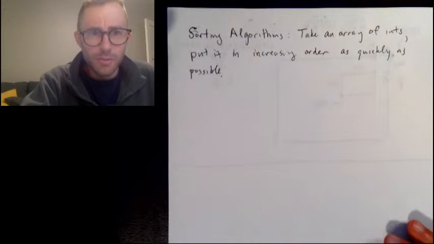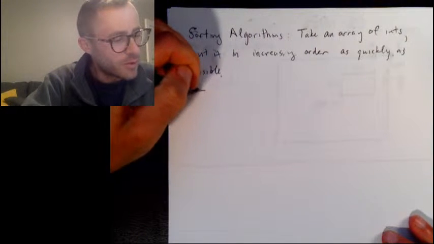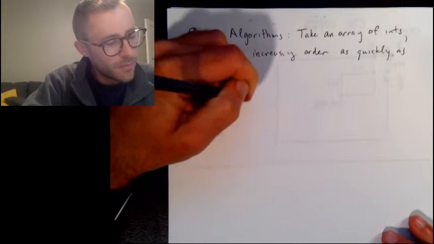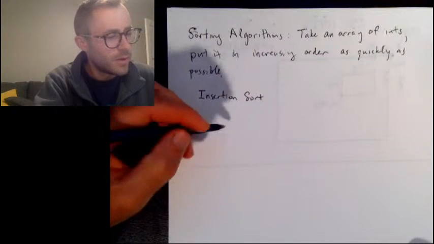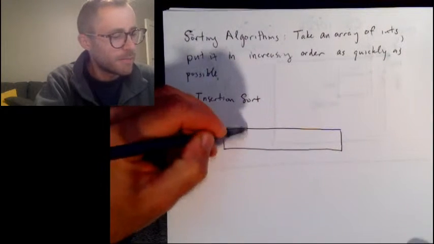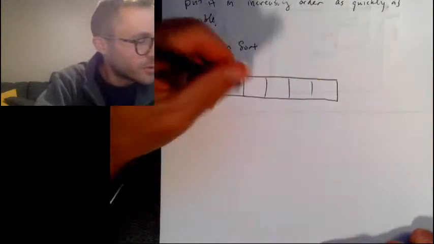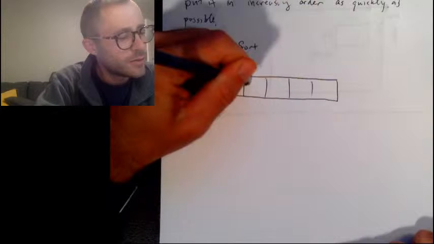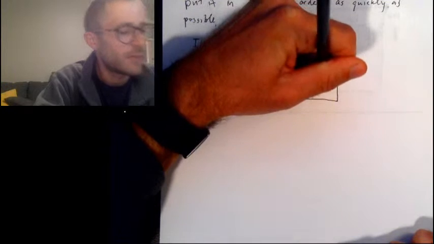the sorting algorithm that we are going to talk about today is something called insertion sort. Okay, so I'm going to have an array of 5 numbers, and let's make the numbers 10, 7, 4, 8, 5.